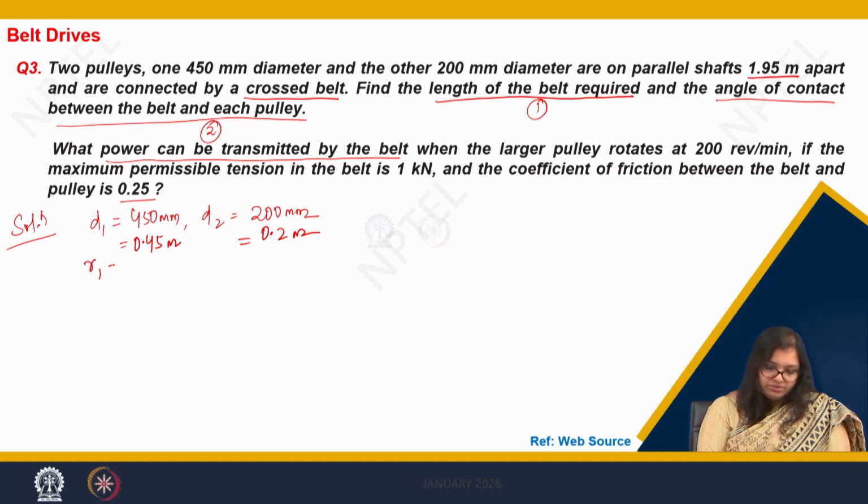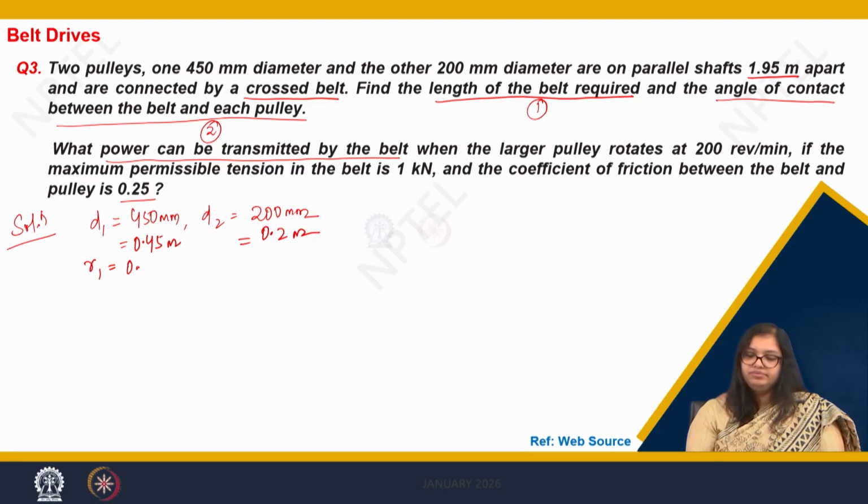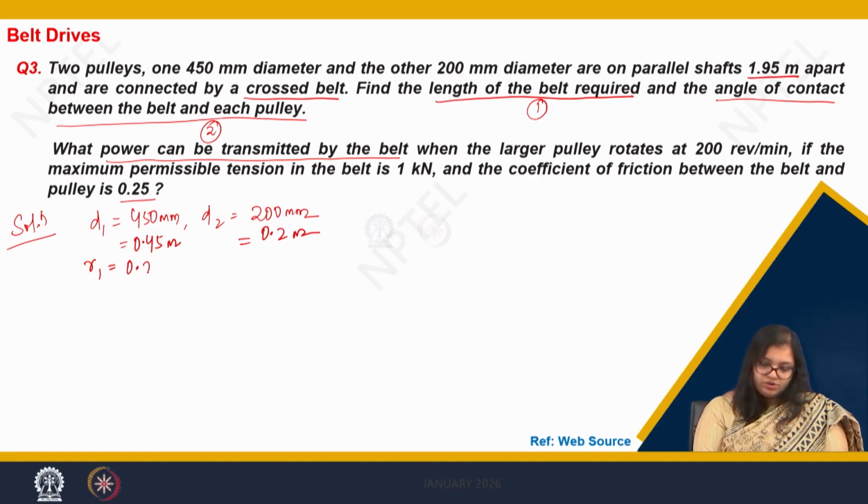Since we are finding the length of the belt, we want R1 and R2. So my R1 is 0.225 meters and R2 is 0.1 meters.